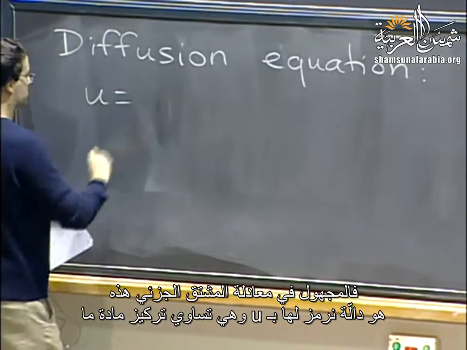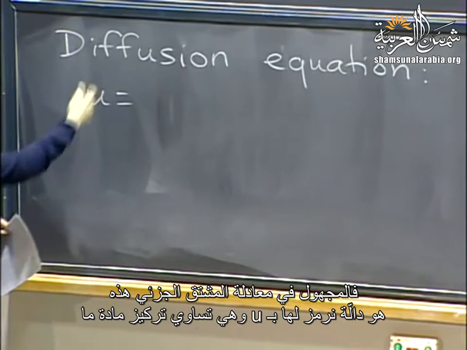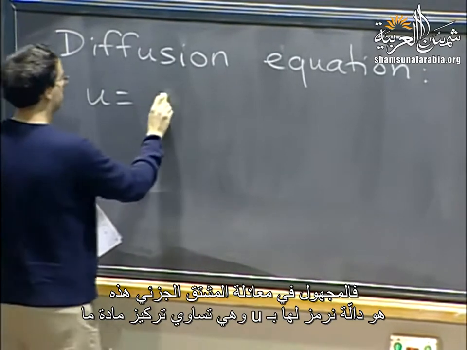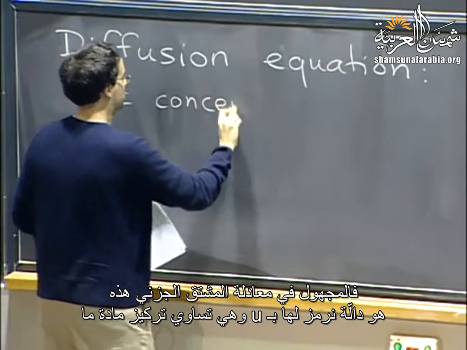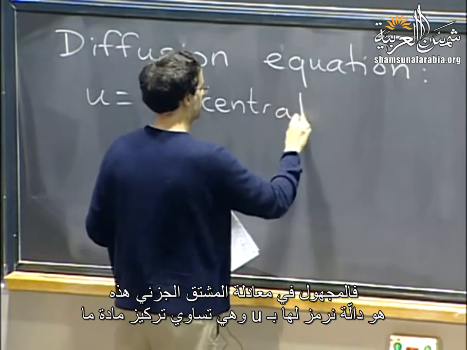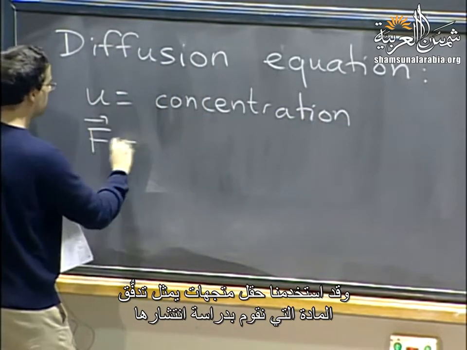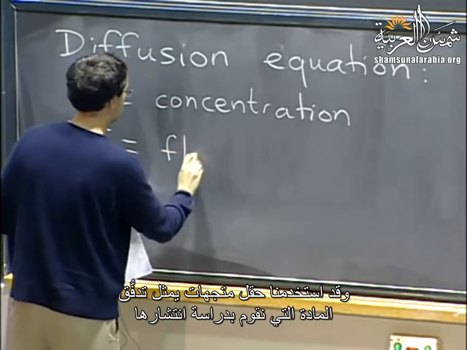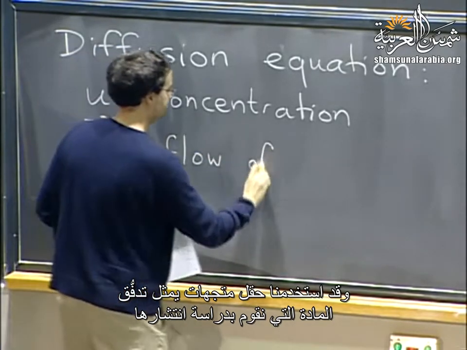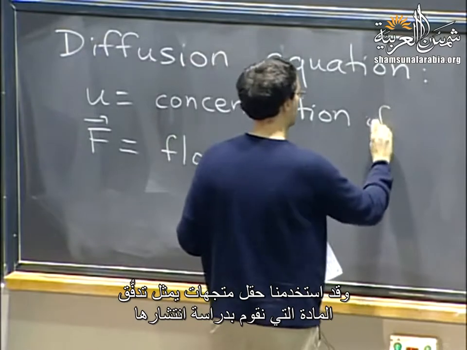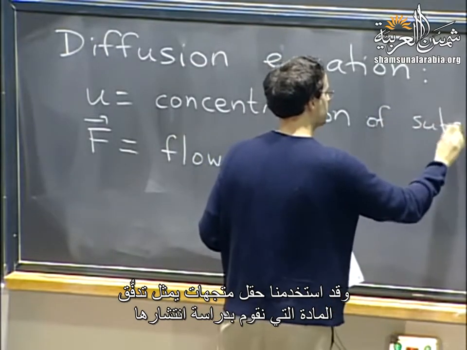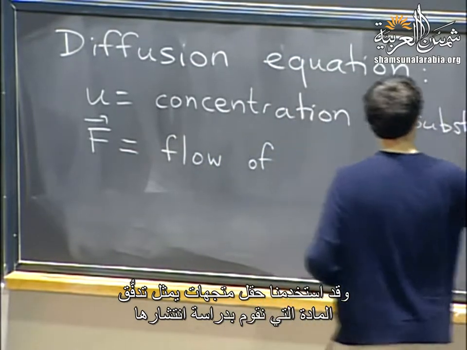So the unknown in this partial differential equation is a function that we call u that corresponds to the concentration of some substance. And we used a vector field that represents the flow of whatever the substance is whose diffusion we're studying.